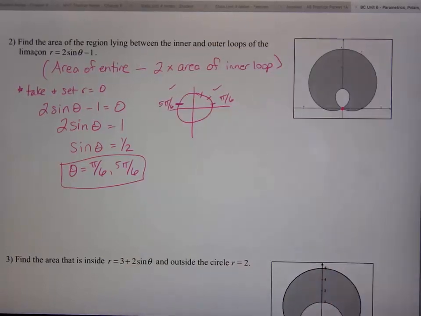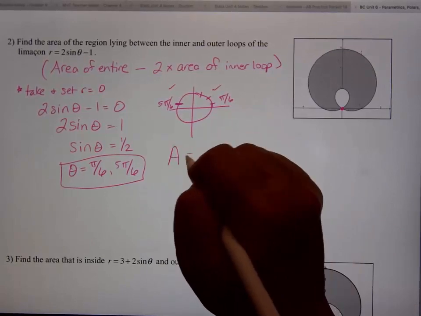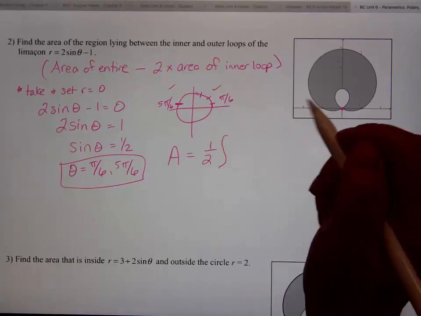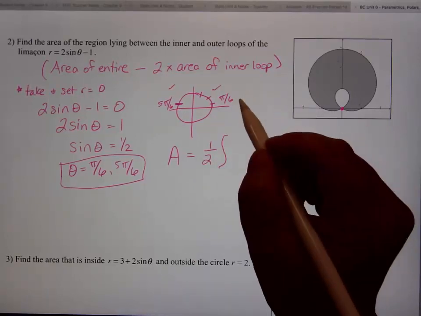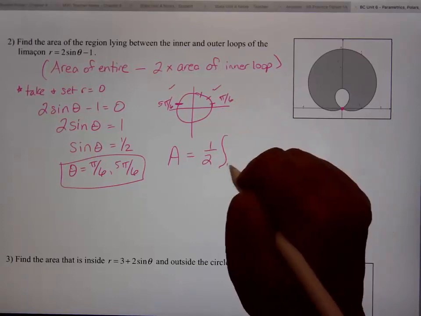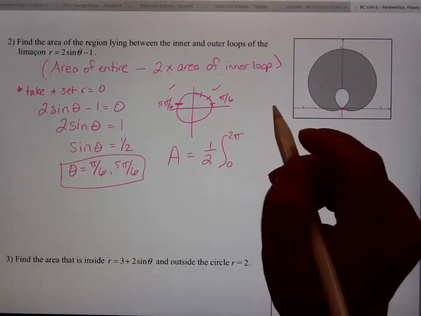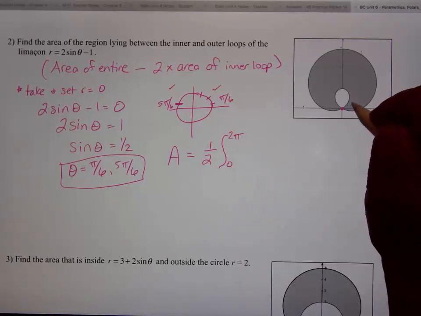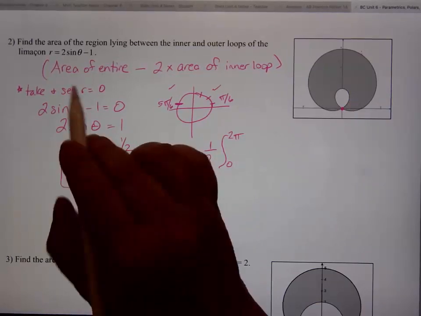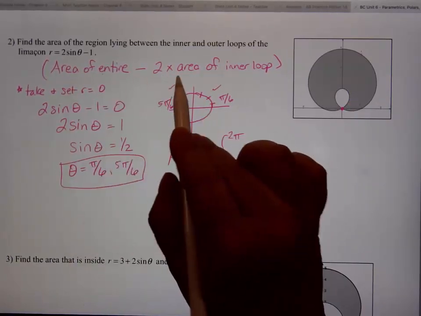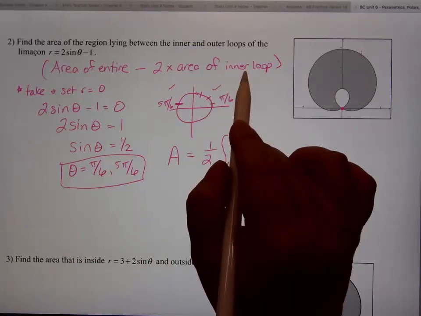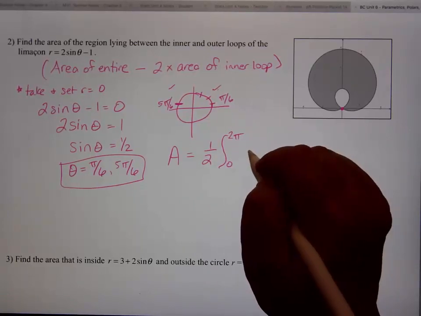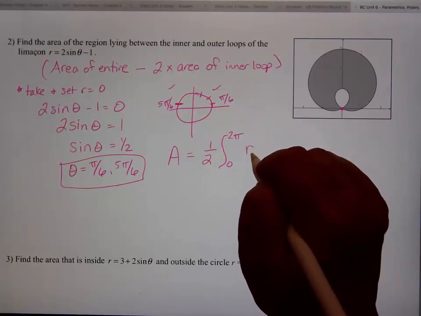All right. The area is going to be 1/2 of the whole thing. What did I just tell you the limits of integration are for the whole thing all the way around? 0 to 2 pi. Remember, we're doing the area of the whole thing minus 2 times the area of the inner loop. The inner loop is from pi over 6 to 5 pi over 6. The whole thing is from 0 to 2 pi. So it's 1/2 integral of r1 squared d theta.